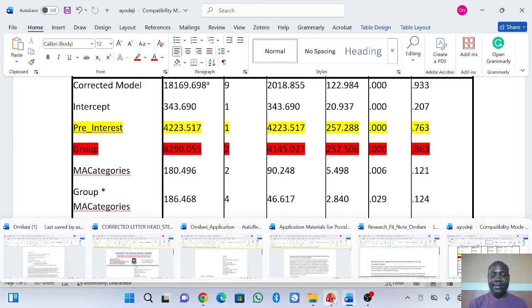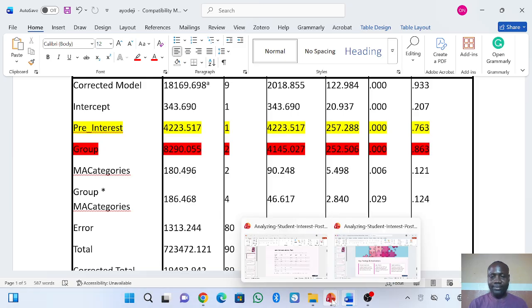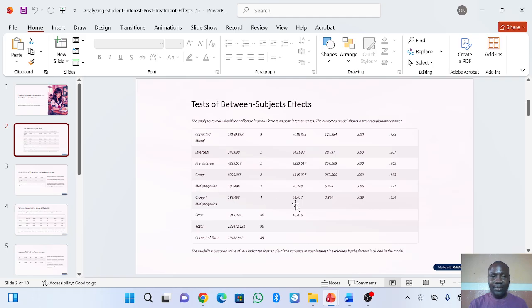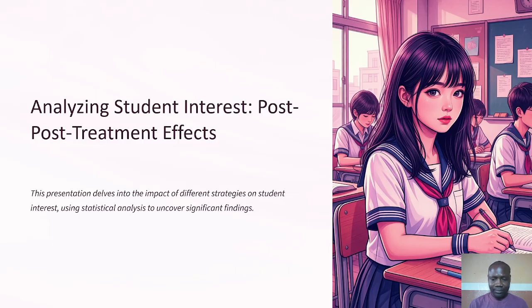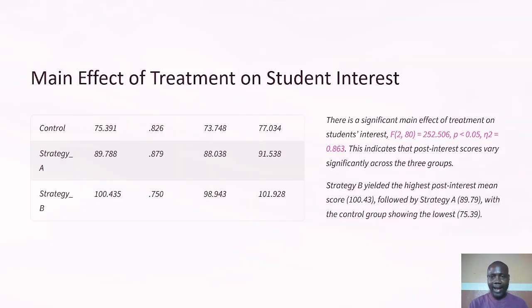This is telling us that there is a significant main effect of treatments on student interests. You can see F(2, 80) equals 256 and all of those things.